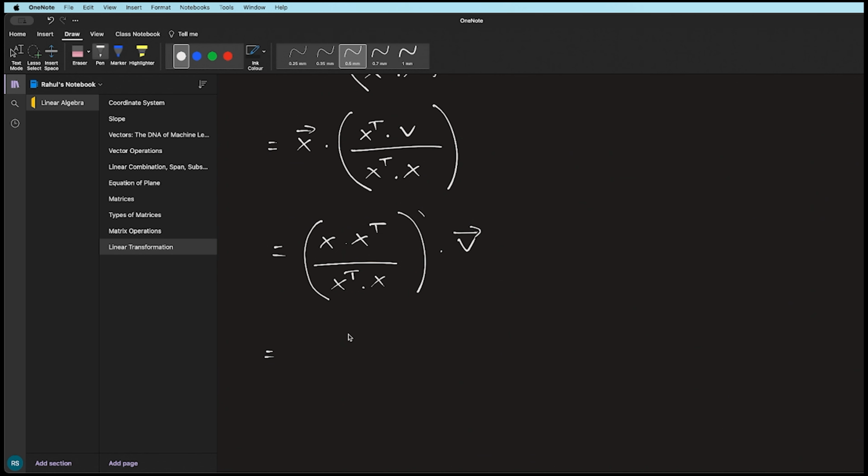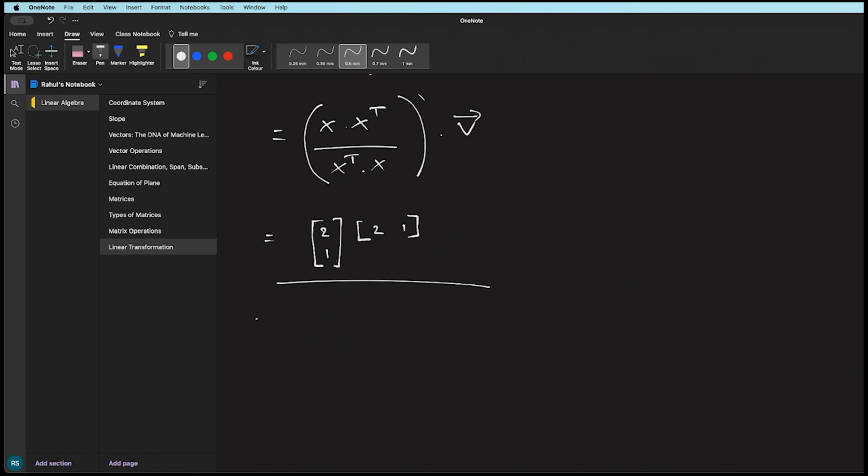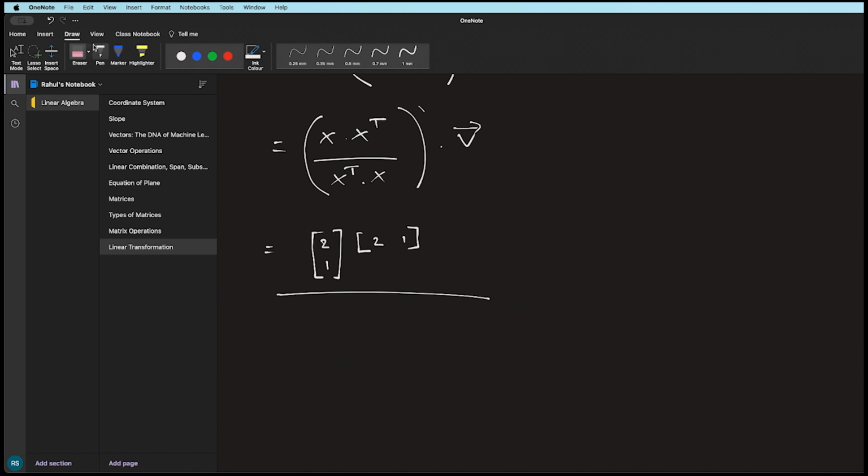We know the values of x and v. If I substitute the value of x, it will be 2, 1 upon the transpose, that is the row vector 2, 1, into 2, 1, and the vector v will be 1, 2.